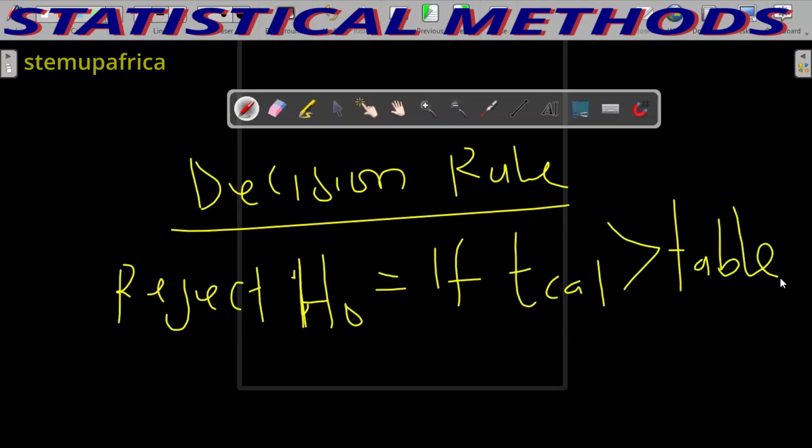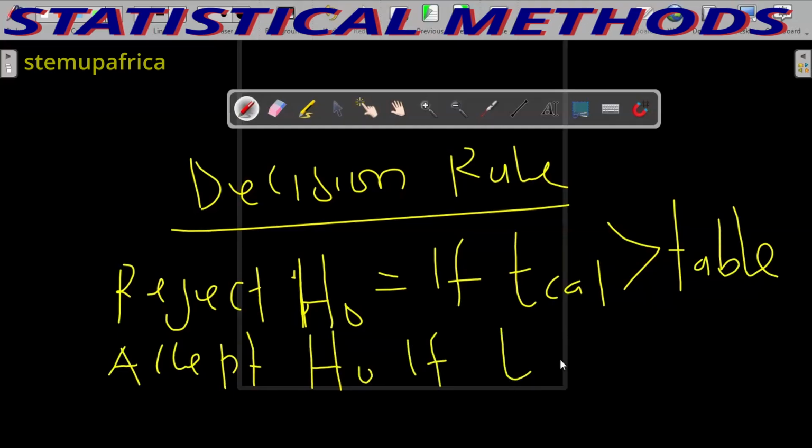H0 stands for the null hypothesis, while H1 stands for the alternative hypothesis. Then you accept the null hypothesis if T calculated is less than T table.